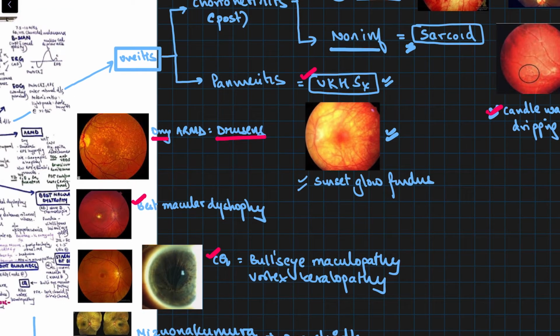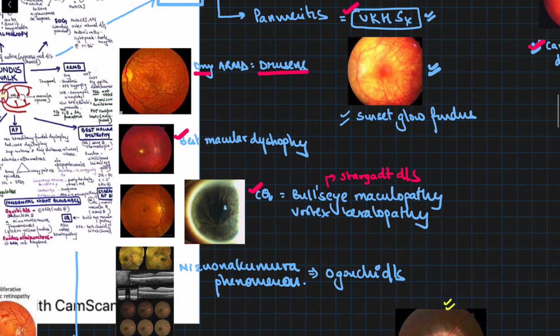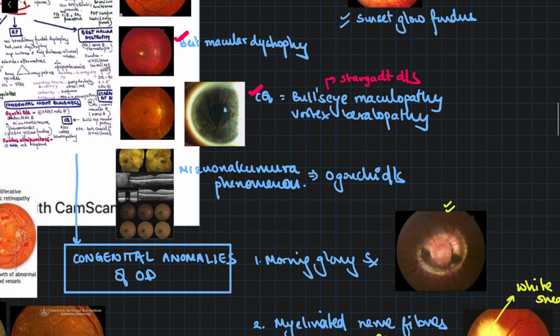Then chloroquine will have bullseye maculopathy and vortex keratopathy. Bullseye maculopathy will also be seen in Stargardt's disease. Then Oguchi disease will show Mizuo-Nakamura phenomenon, that is a green-yellow optic disc.